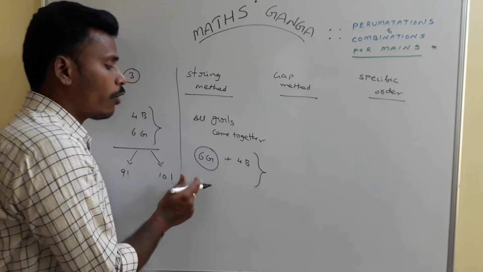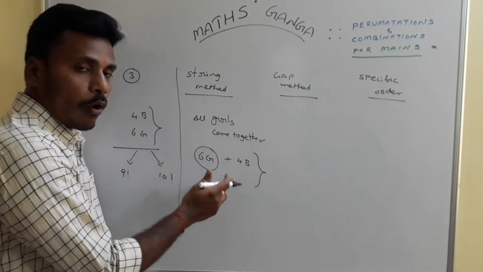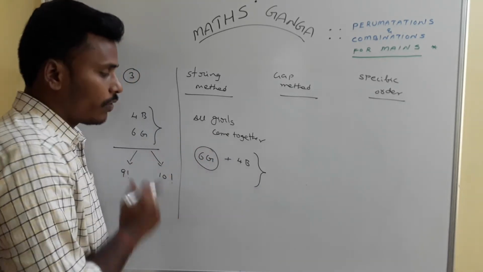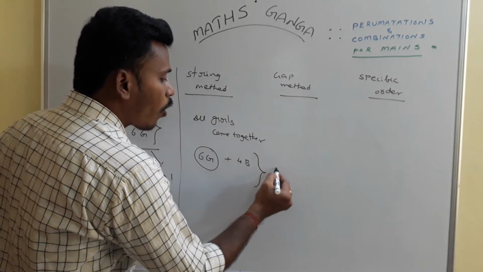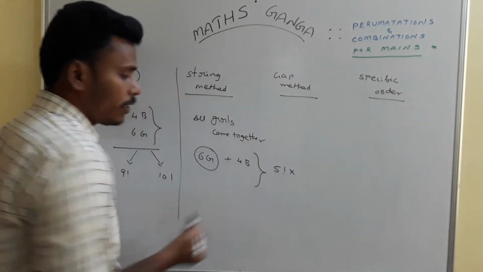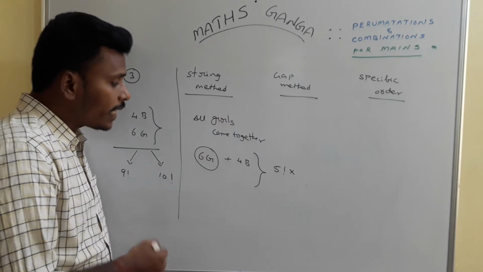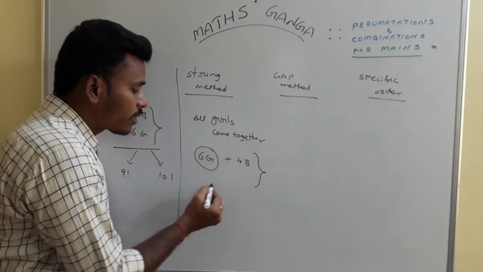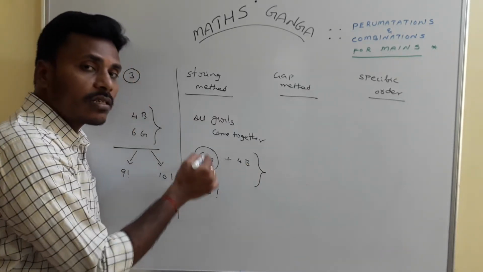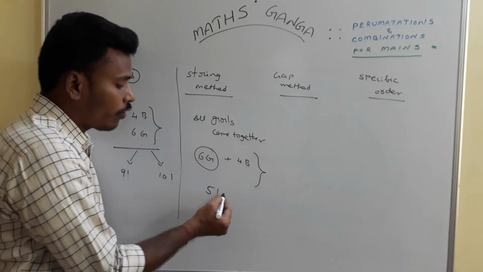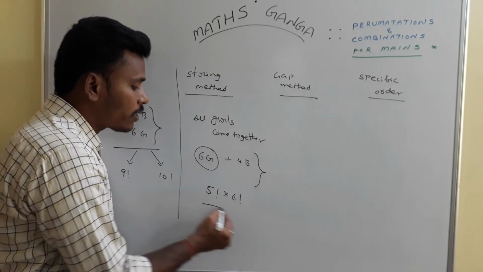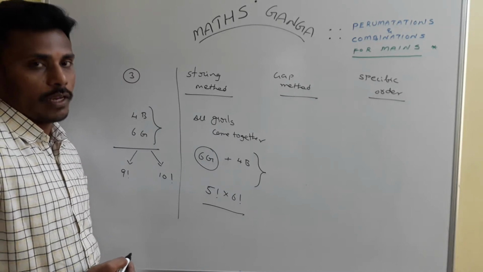Totally I have 5 objects: 4 boys and then 1 pack, 1 string of girls. These 5 objects can be arranged in 5 factorial ways. But later, these 6 girls in this string can be arranged in 6 factorial ways, and the total number of arrangements is 5 factorial into 6 factorial.